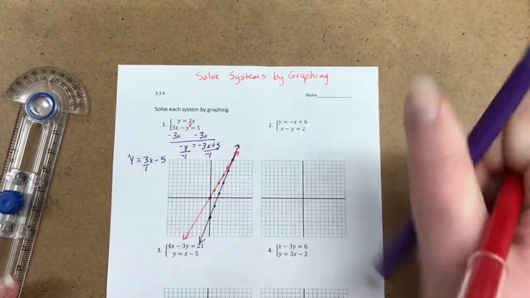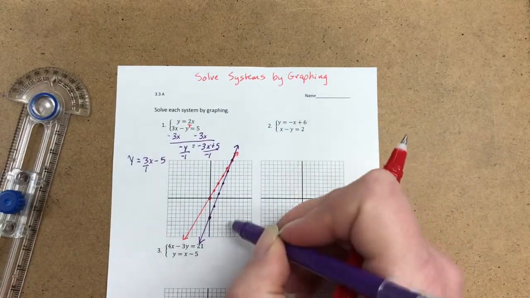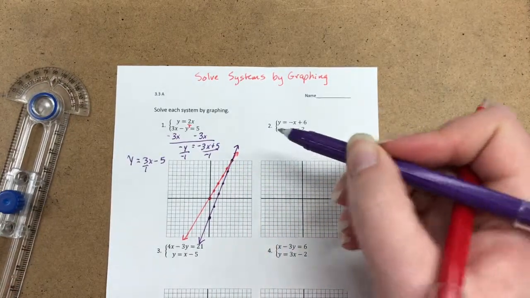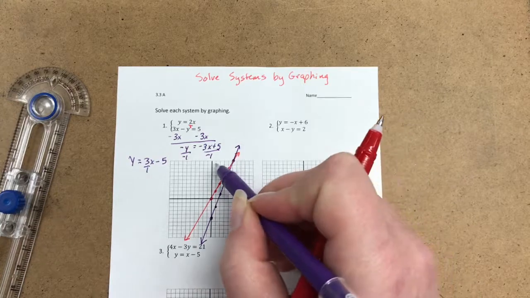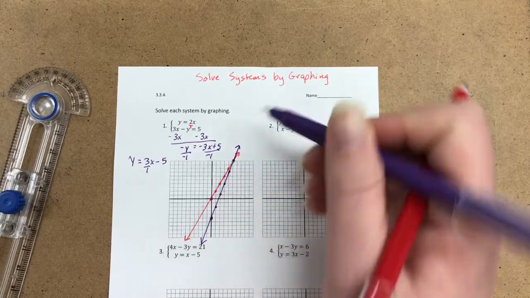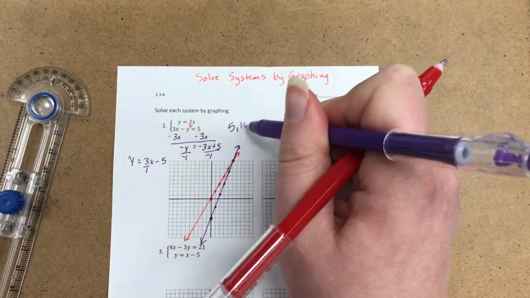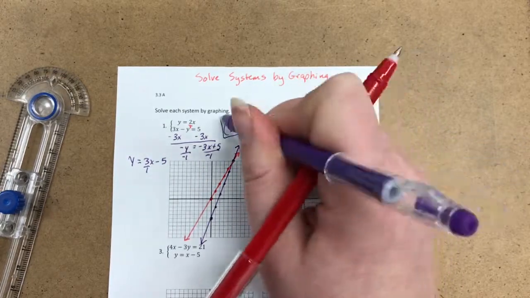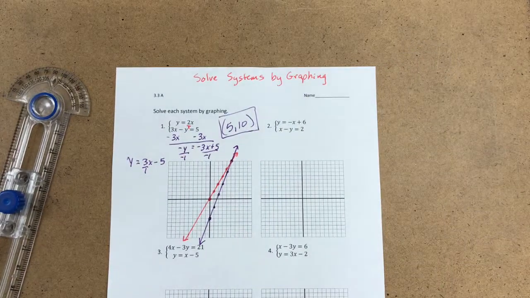Where those two lines cross, that's my point. That crosses at this point up here: 1, 2, 3, 4, 5. So it's the point (5, 10). That would be my answer.